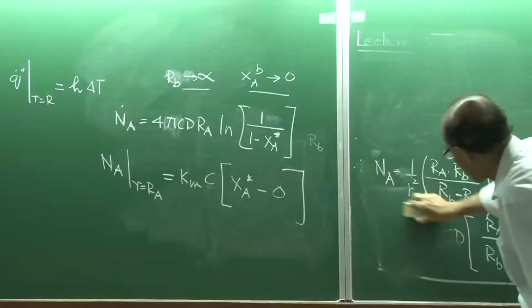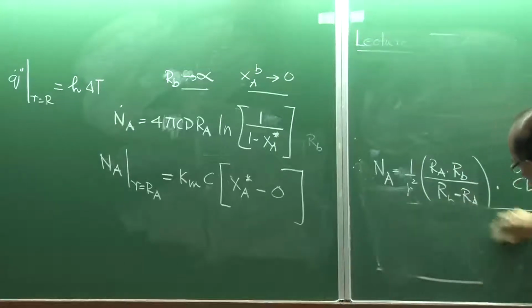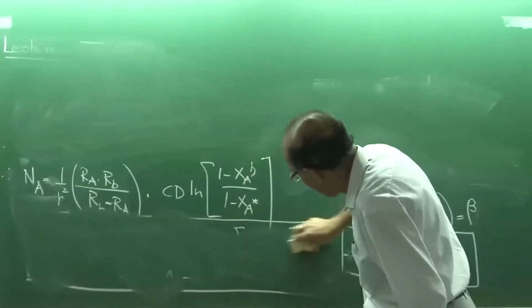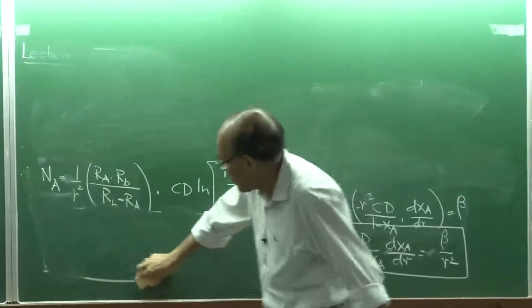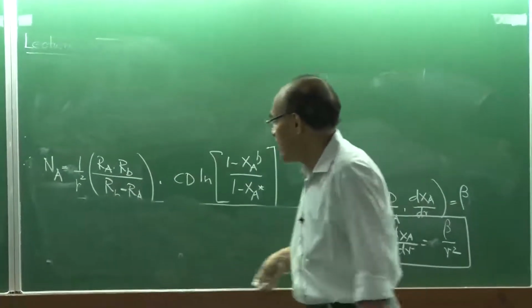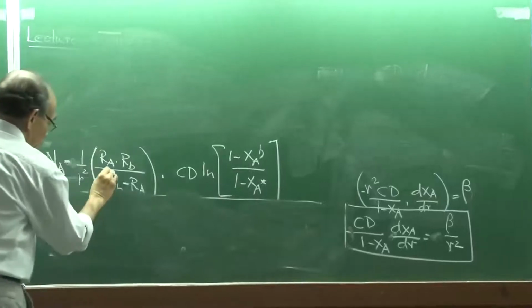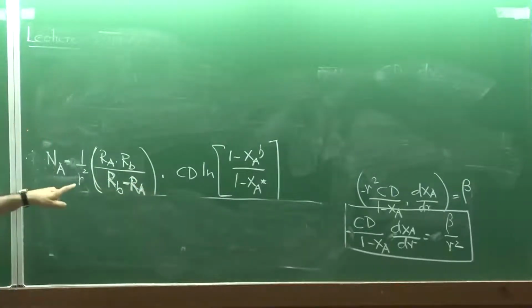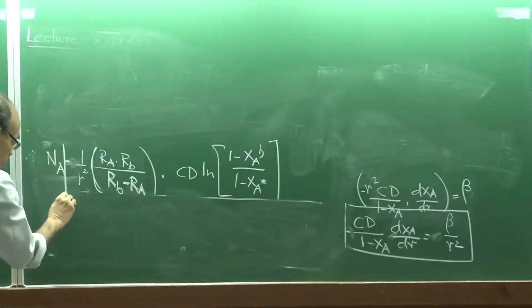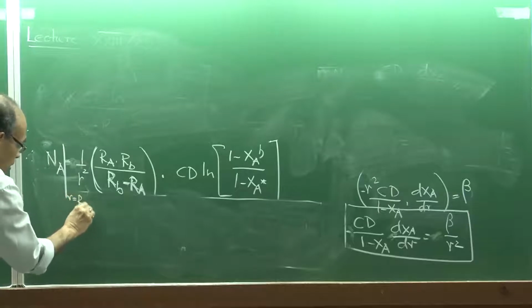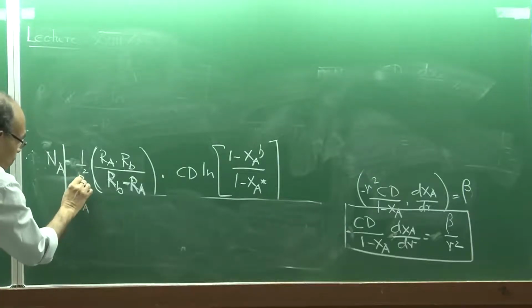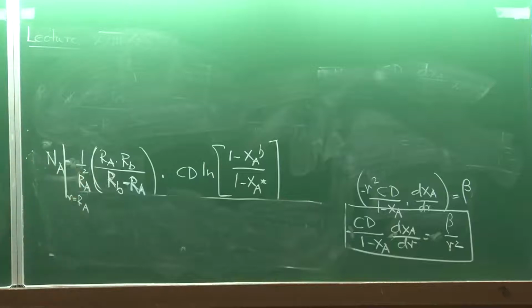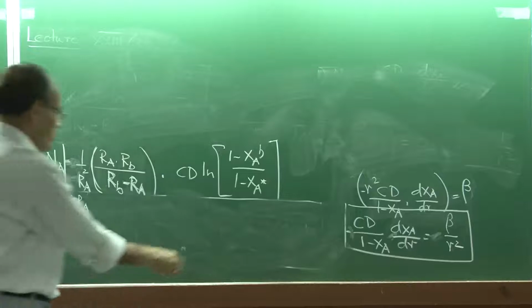The generalized expression for flux I have already given you, and that expression is there already on the board. Okay. So, this is the general expression, and this is the flux at any radial distance. So, therefore, I can say that the flux at R is equal to Ra is actually going to be this Ra square. That is what is going to be my flux expression. So, now I can equate this parameter.